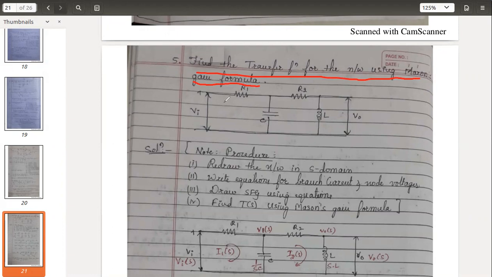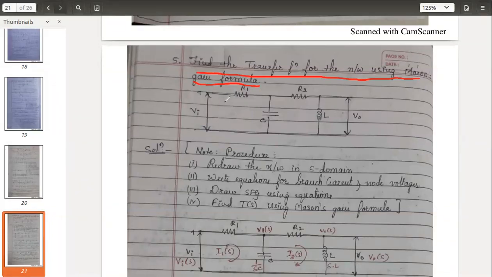What was the procedure? How did we find the transfer function for any given electrical network? We applied the KVL, KCL, then we went for the Laplace transformation. After the Laplace transform, you should take the ratio of output by input. This is the procedure we have followed.